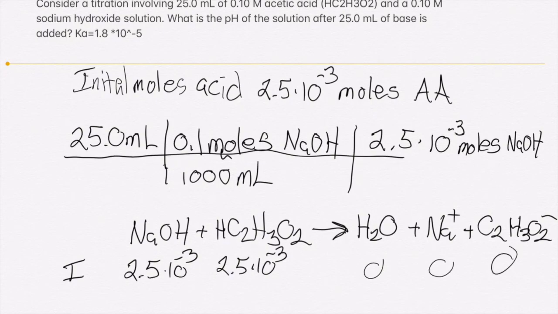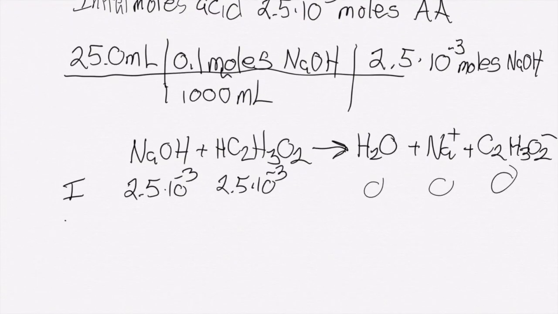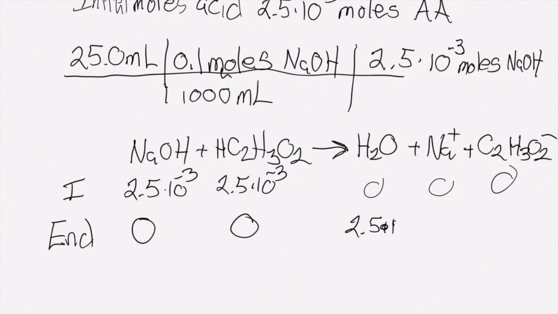We let the reaction go, and so at the end, we have no sodium hydroxide, we have no acetic acid. We've created 2.5 times 10 to the minus third moles of everything here. Of sodium, of acetate, and water.